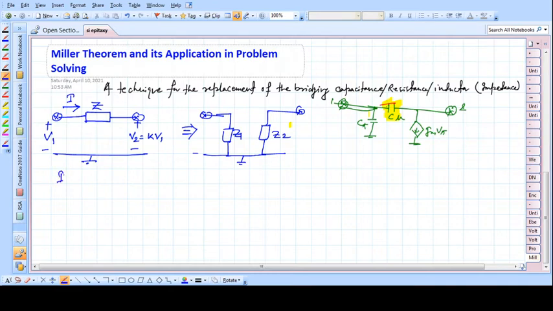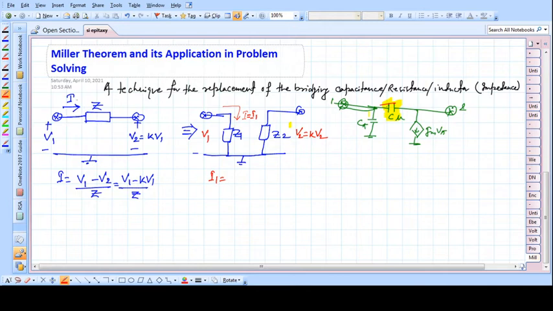For the time being I am saying this current is I. This current I is simply the higher potential V1 minus V2 by Z, or we can write V1 minus K times V1 by Z. Now in this one this current is also I, equal to I1, with voltage V1 and V2 equal to K times V1.